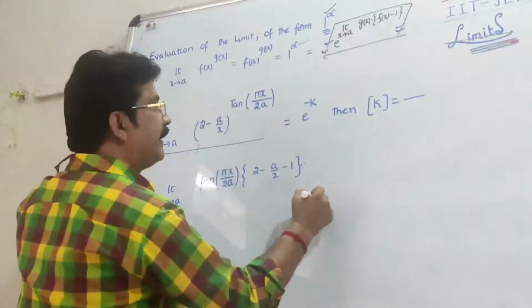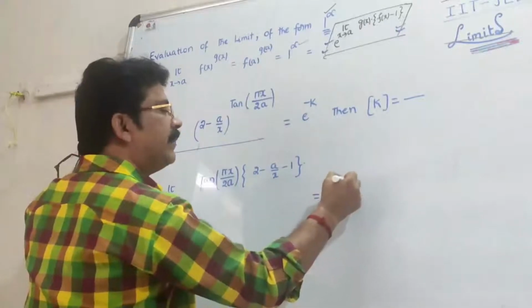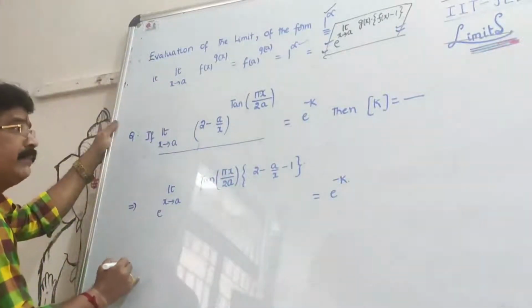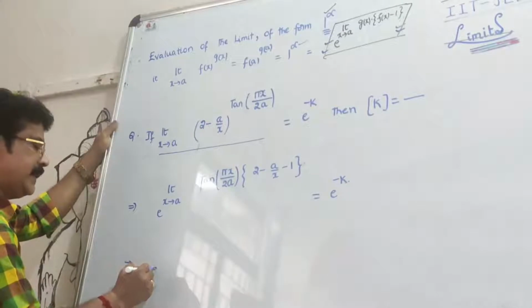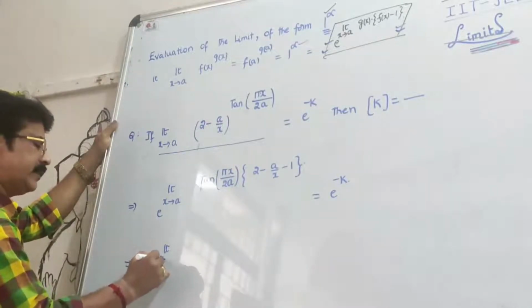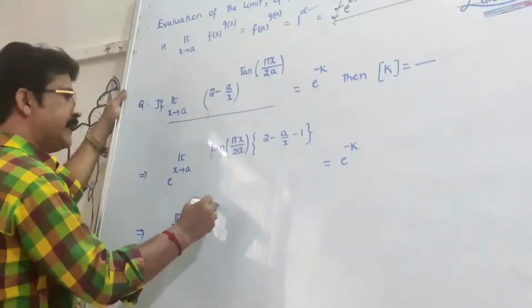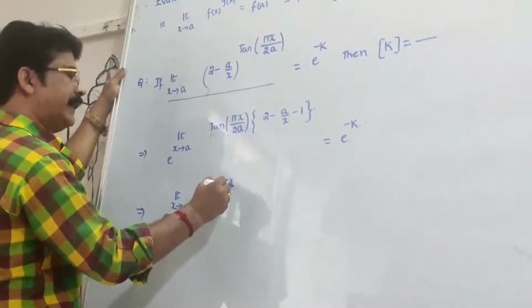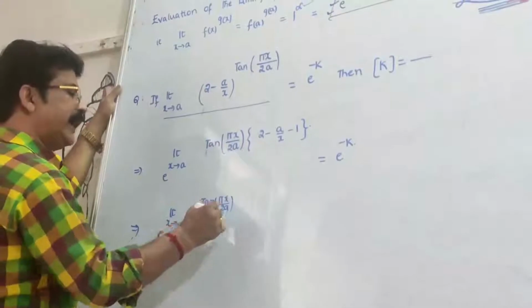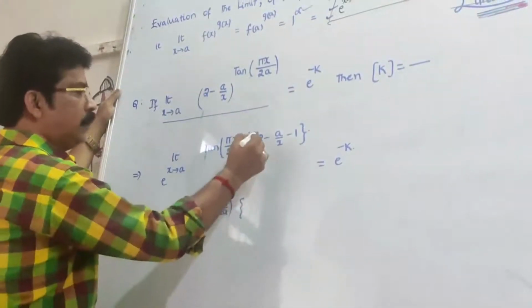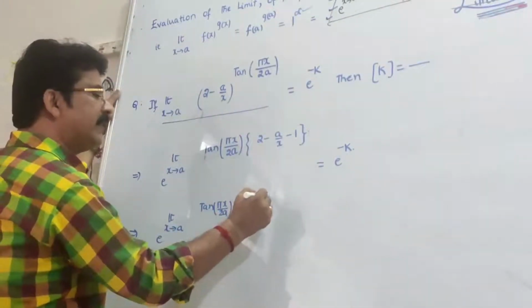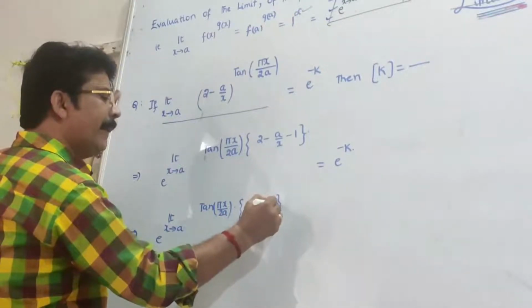Of course it is given as e to the power of minus k. So that implies e to the power of limit x tends to a of tan(πx/2a) into (2 - 1 - a/x).